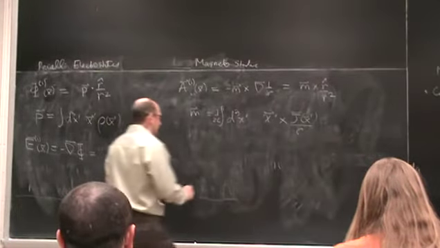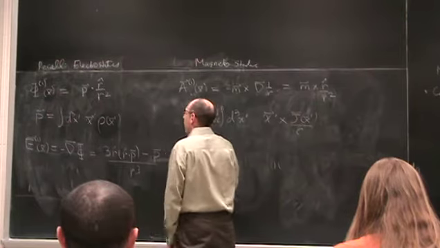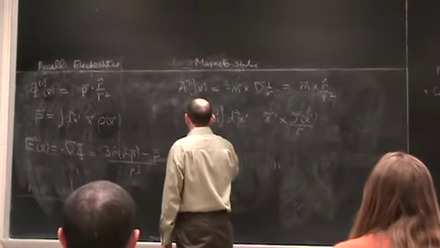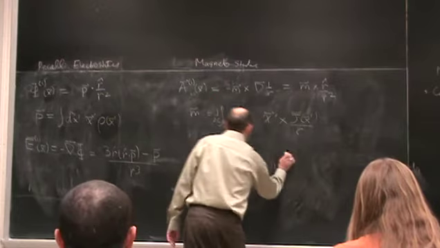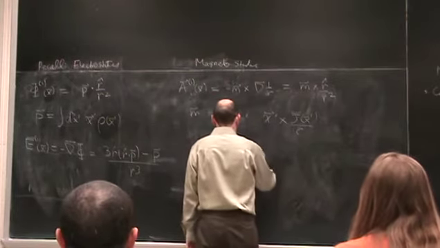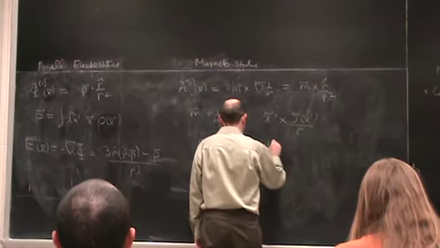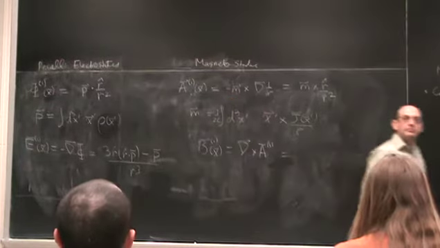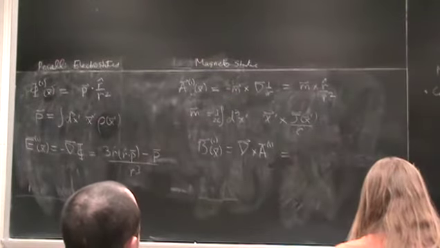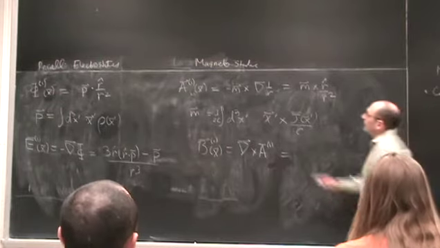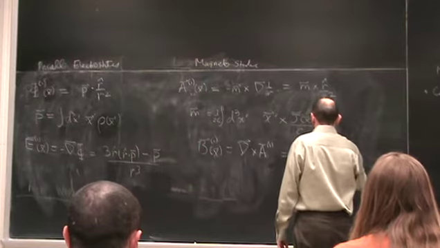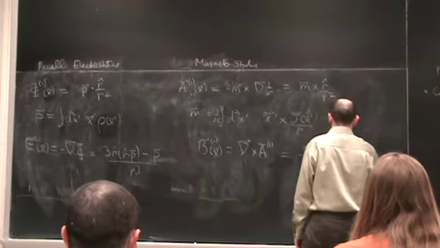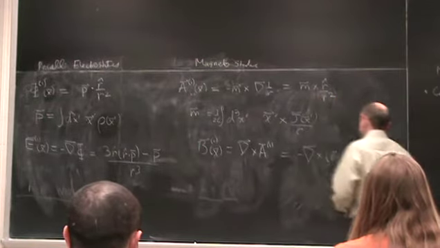And the magnetic field, well, this is the curl of A. Let me write this out as minus the curl of m cross the grad of 1/r.